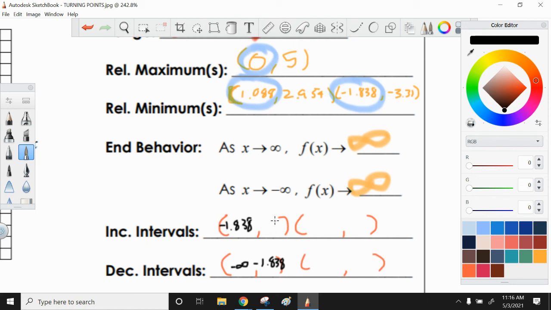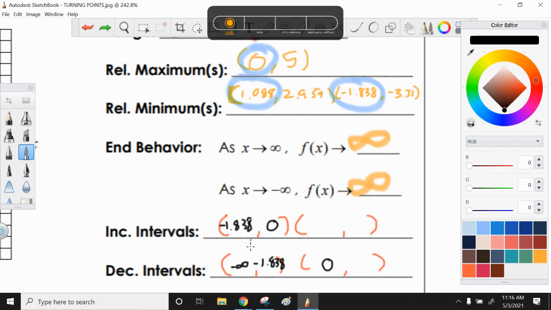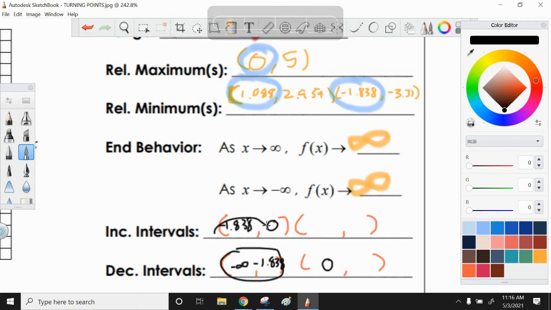So we're going to use 0. And then we need to make sure that we're going to the right place, right? Because we're going decreasing and then increasing and then back to decreasing. So that 0 needs to be on the bottom here. We're kind of going to zigzag as we go through these because we're going down, up, down, up.